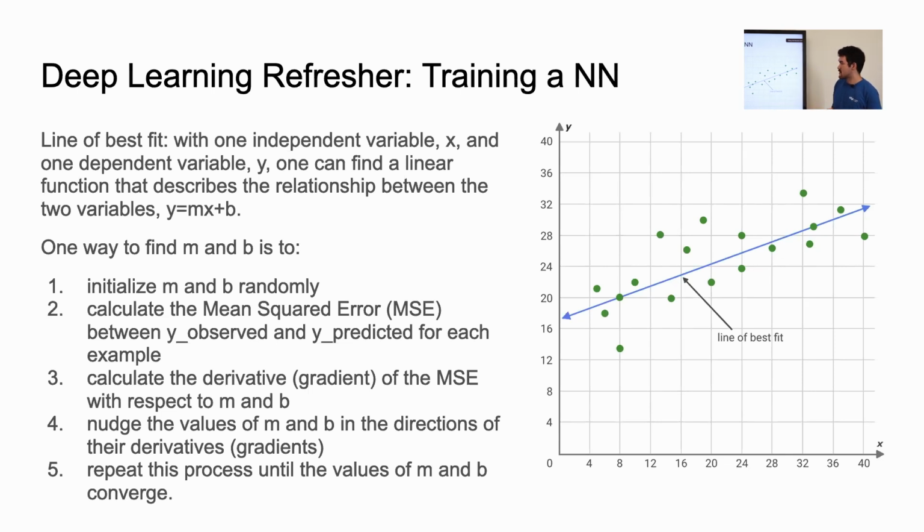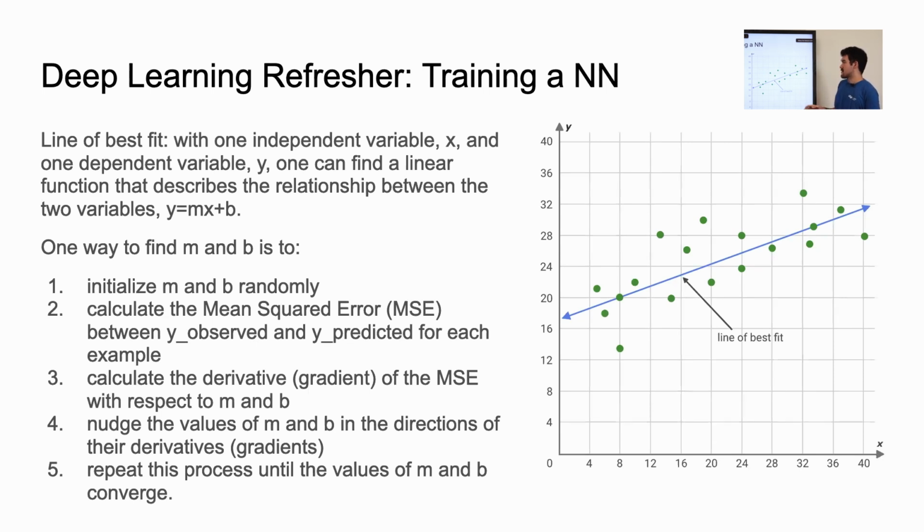But one way that you could theoretically find m and b is to initialize m and b randomly, and then calculate the loss of the current function of the line. Here it would probably be the mean squared error between the observed y values and the predicted y values, given your function that's predicting these y's.